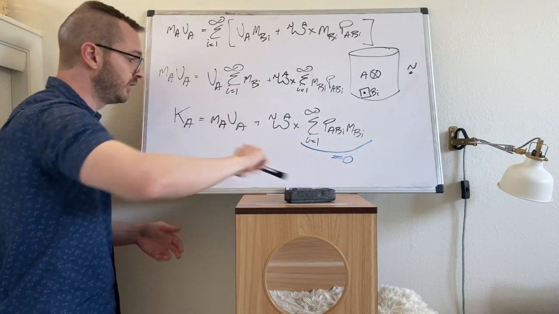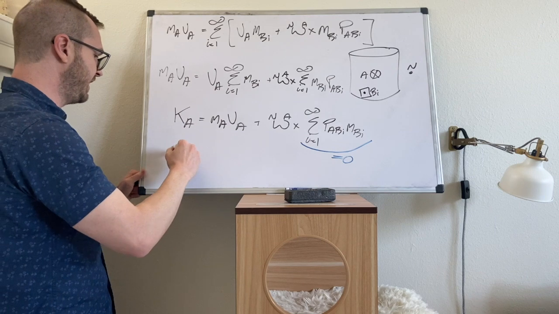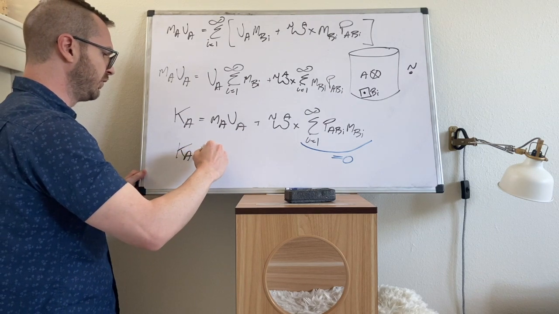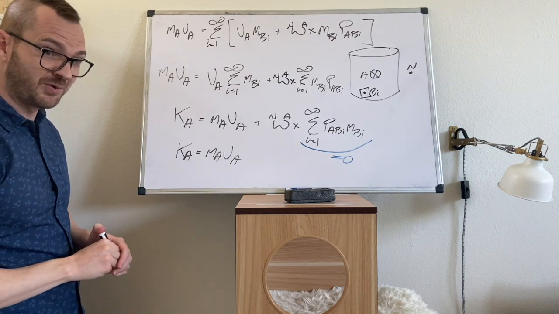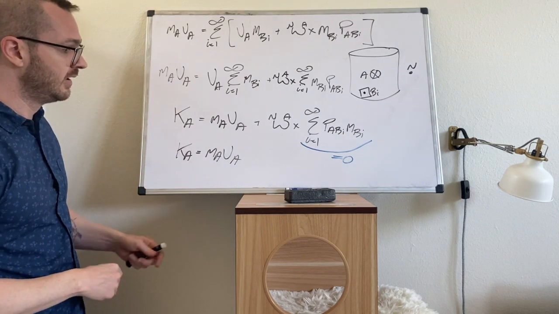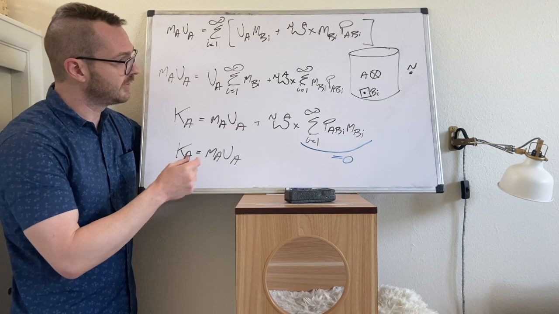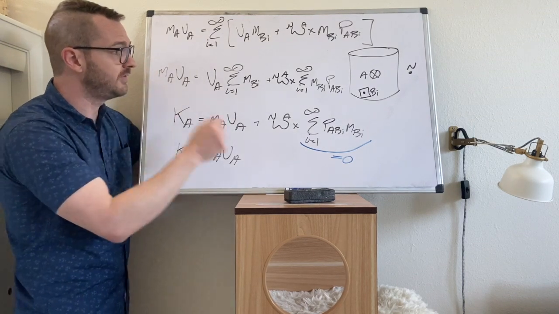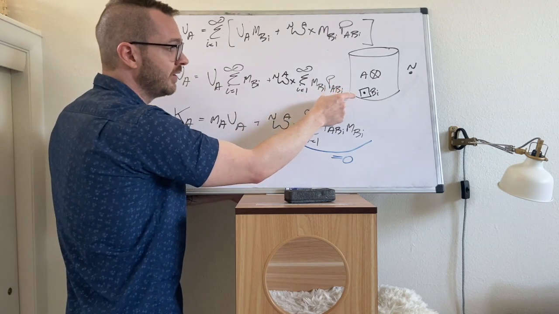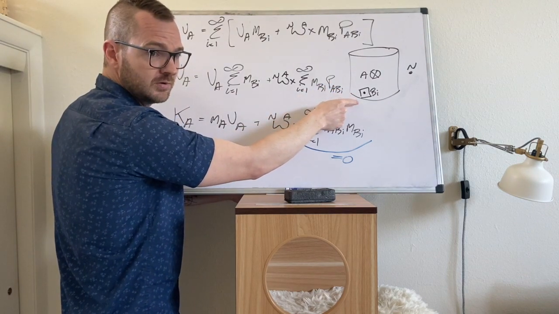So when this is equal to 0, what does that mean? That means KA is equal to MAVA. Well, that seems really obvious, right? What was the point? What did we just do? What we just did is we took Newton's second law, which is originally for particles, and we said instead of a particle, now we have a body with volume, right?